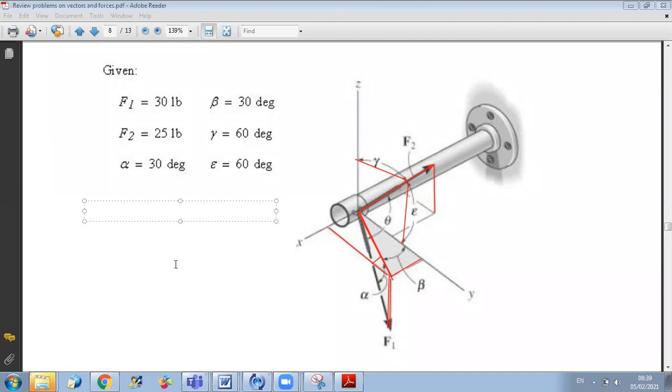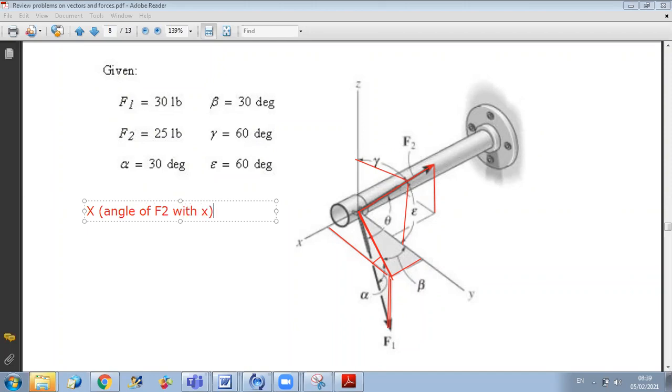So here we have the angles epsilon, gamma, and the third one. I will call it big X, the angle of F2 with the small x.